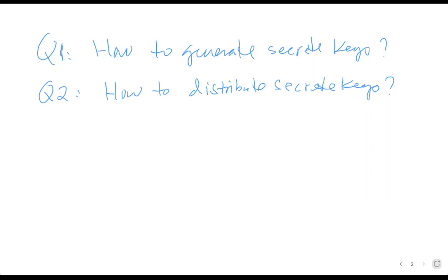So you talk to somebody you may not even know. So how can you have prior secrets? You cannot, right? So then of course we have to come up with some kind of mechanism so that you can distribute secret keys securely. So that will be the topics we're going to talk about in the next module.